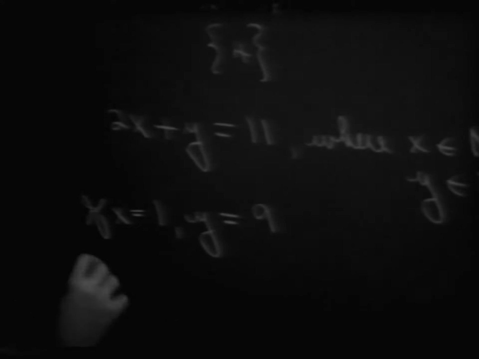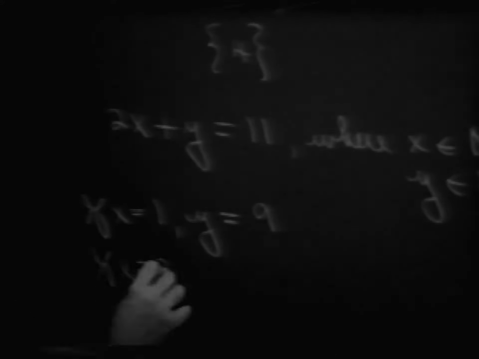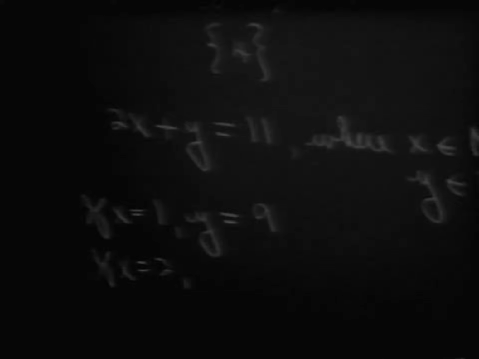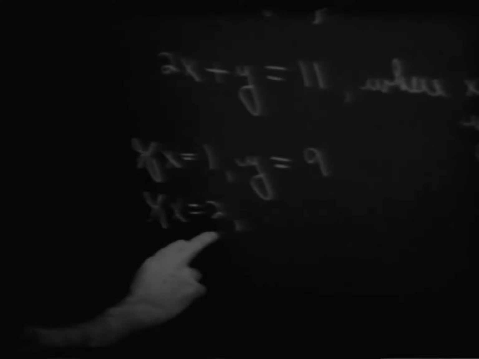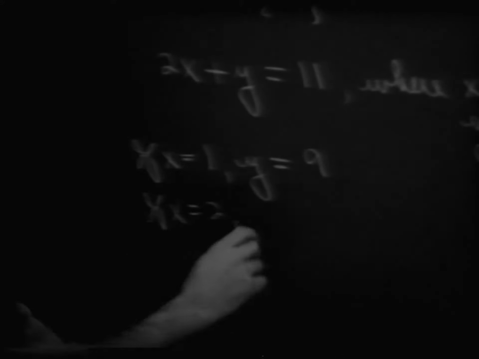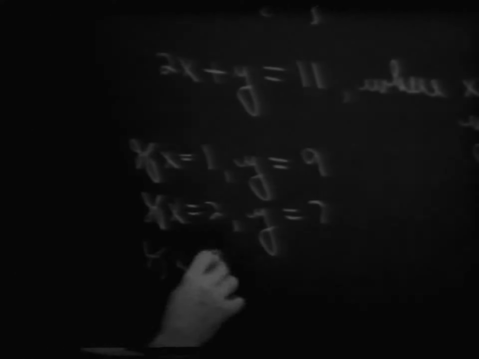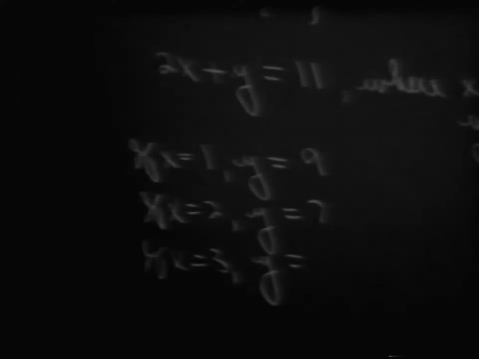And if x is 2, let's just go up the natural numbers in order to find all possible values for x. If x is 2, y has to be what? 2 times 2 is 4, so y has to be 7.